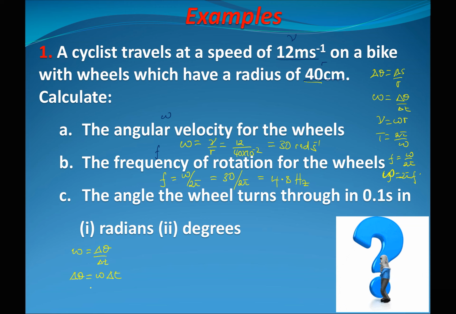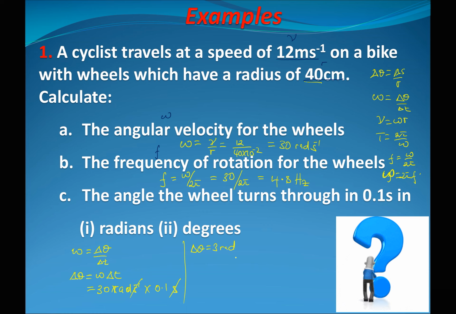So if I make substitution, in radians it's going to be 30 times time, which is 0.1. Because remember, 30 is in radians per second times time, which is 0.1 in seconds. So seconds cancels with the per second. So the answer is going to be 30 times 0.1, which is 3 radians. So delta theta is going to be 3 radians.